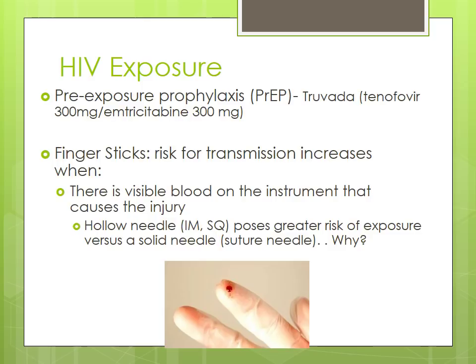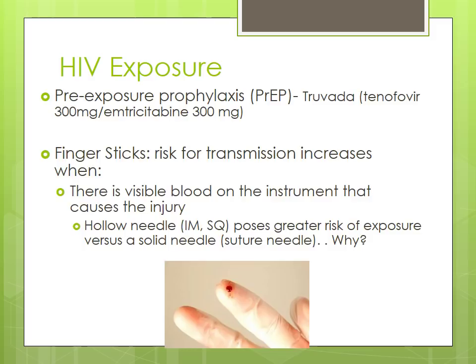So HIV exposure. There are some pre-exposure prophylaxis methods that we can use in uninfected adults with the purpose of preventing HIV. And we use these in a very select high-risk population: men who have sex with men, heterosexually active men and women, injecting drug users, those in serodiscordant relationships.